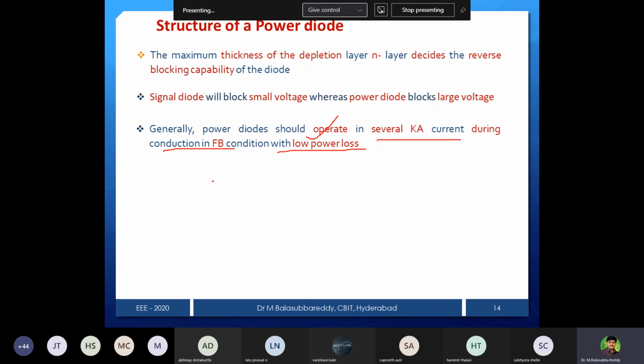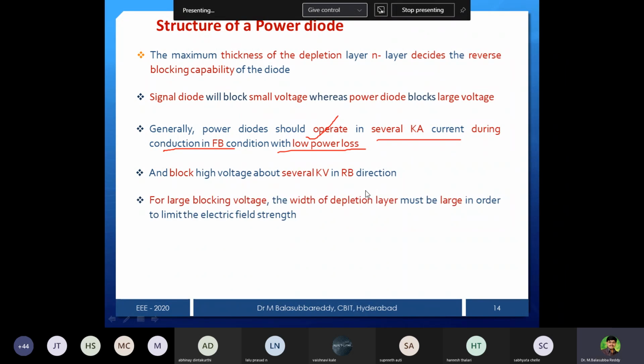Power dissipation is taking place, that is in terms of power loss. So we can see how much power loss is going to take place during the on condition, during the off condition, or during turn on. All these things come under switching also. That's the dynamic behavior. And it blocks high voltage of about several kilovolts in the reverse bias condition.